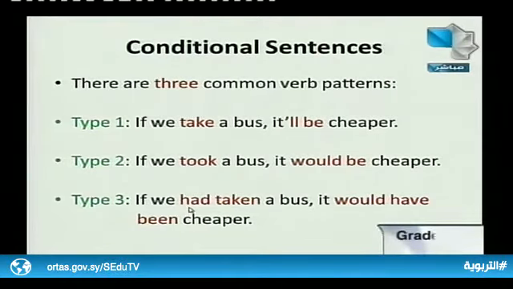Good. Thanks, Ms. Lama. I'd like to add something here. Of course, dear students, you should know that we have, in general, 4 types of conditionals. We have the zero form. We didn't mention it because in English we can say that we have 3 main types. We didn't mention the zero conditional because in both clauses we can use the present simple, when we talk about facts, routines or habitual actions.